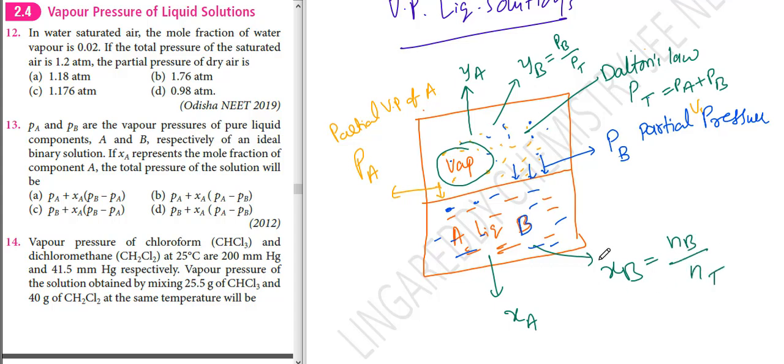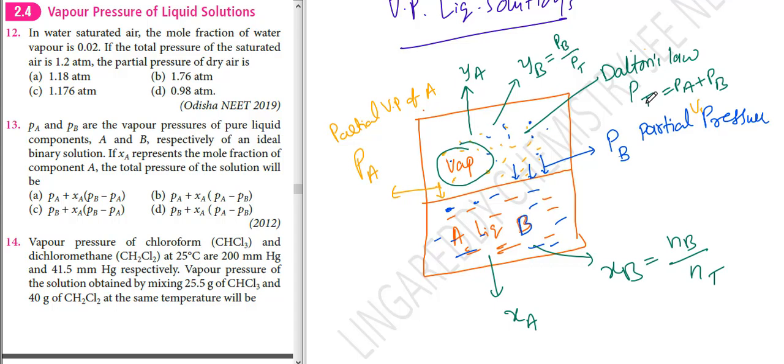See, I am explaining the similarities here. In case of the liquid phase, for mole fraction, we take the number of moles of B substance upon the total moles of solute and solvent. Here, partial pressure means the A component or B component individually raising pressure, upon the total pressure.